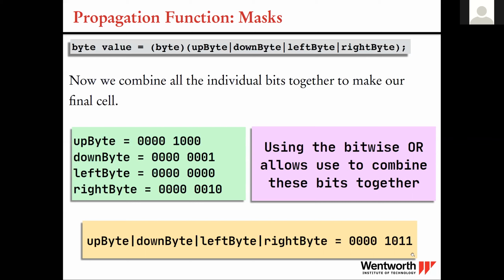cell. Now I understand that this potentially can be a little bit complicated, thinking about bits and all of this. But if you go through it slowly and think about all of the individual steps, and you take a simple example of just a couple of bits and see how they move with the shifts and how they combine when you use ORs and ANDs, it becomes relatively simple to manipulate these things.